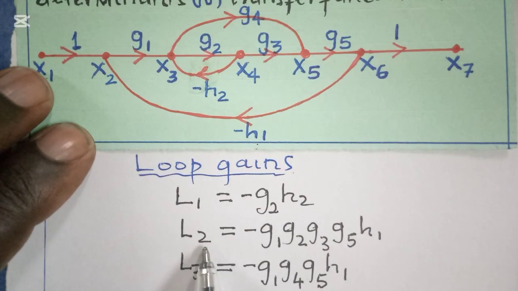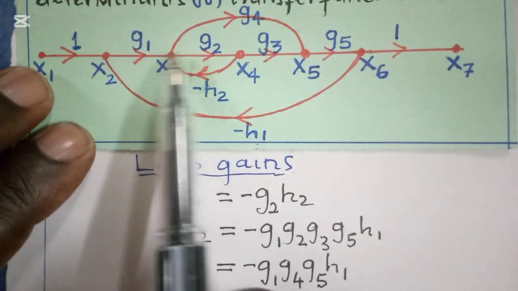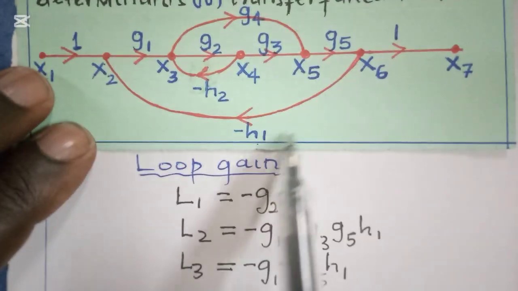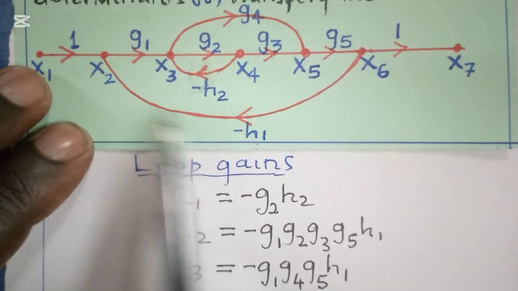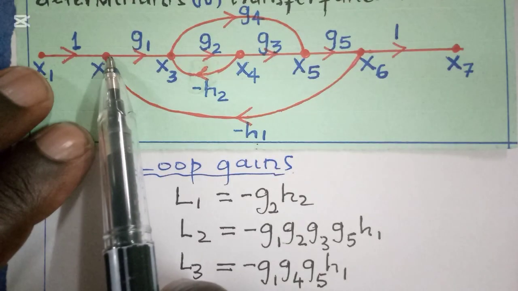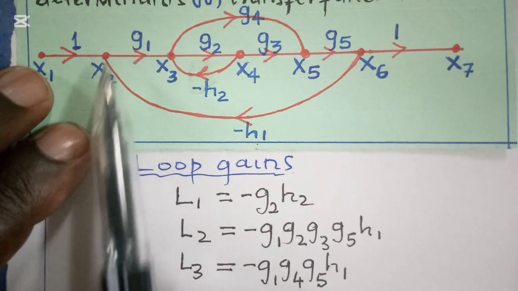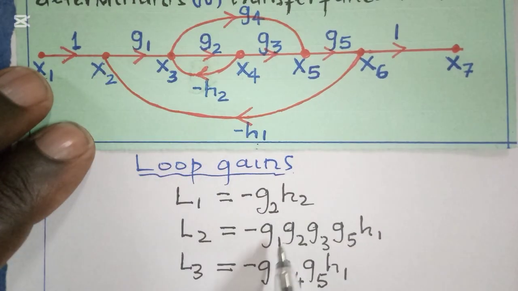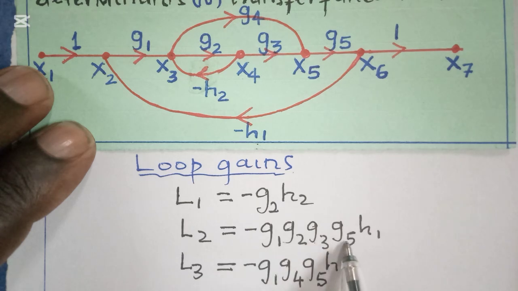Coming to loop 2, we can have this loop, that is G1, G2, G3, G5, and H1. So we move from this point, we move round like that, and we come back. That is, the signal would move that way and come back here. That is another loop. That is G1, G2, G3, G5, and H1.